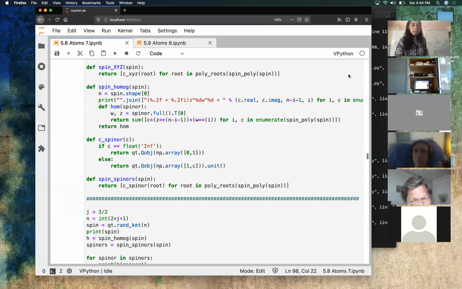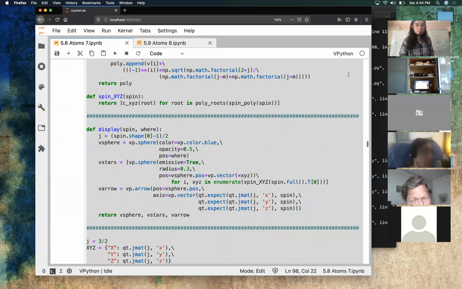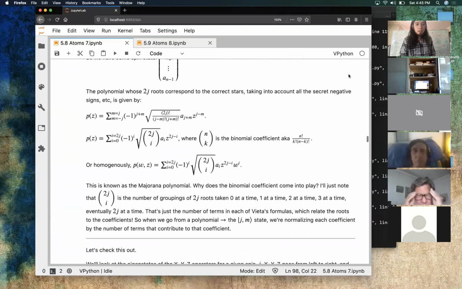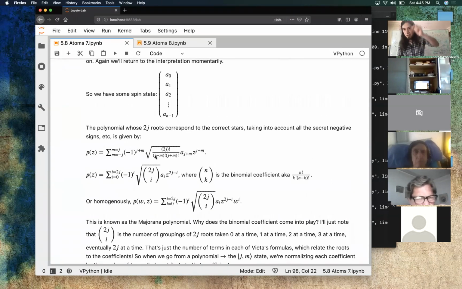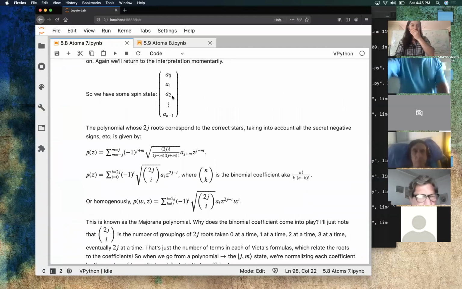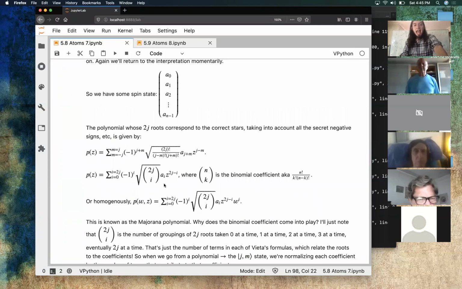No, it's like you take, here, I'll go back to the equation here. So here's the thing. You take the components of the vector, those are going to be the A0, A1, A2, okay? And then we form a polynomial where each of those coefficients weights a power of z. And then there's also a little -1, and then also the square root of the binomial coefficient.